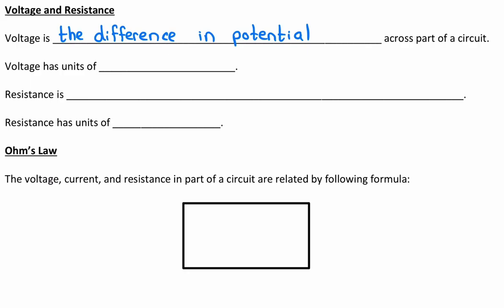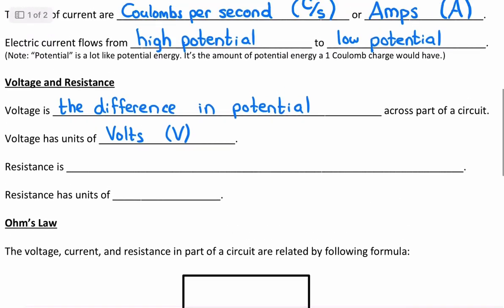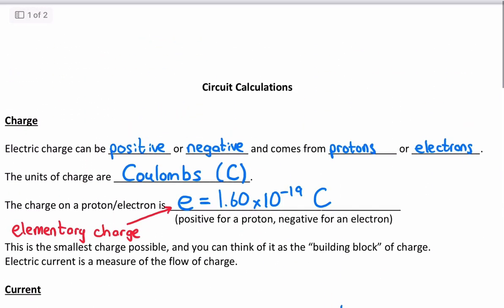And it has units of volts, or just a capital V for short. And at this point, I think it would be useful to just draw a very simple circuit to help illustrate some of the ideas I'm talking about.